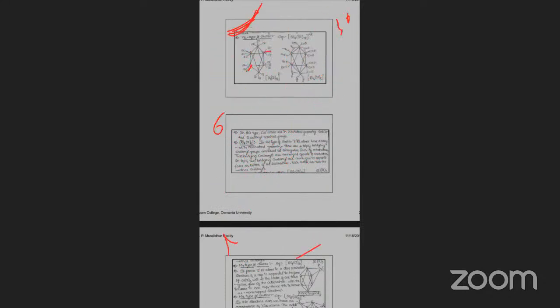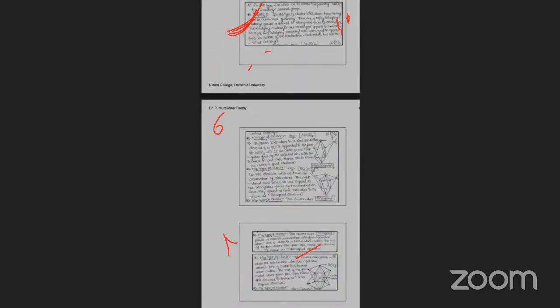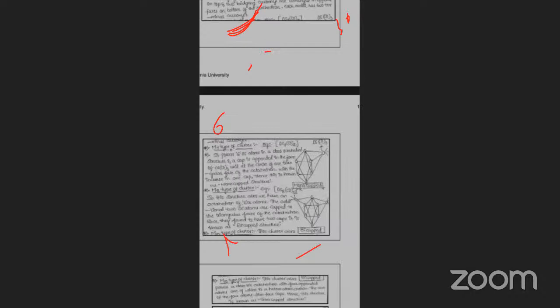In this complex, Os7(CO)21, you can clearly observe that one Os(CO)3 group is increased. This is an M7 type of cluster, a closo type of cluster.